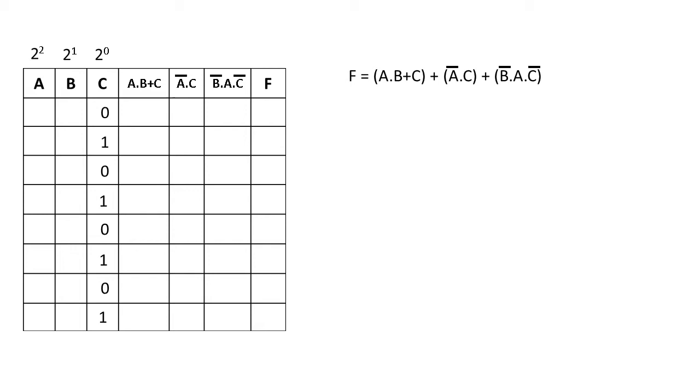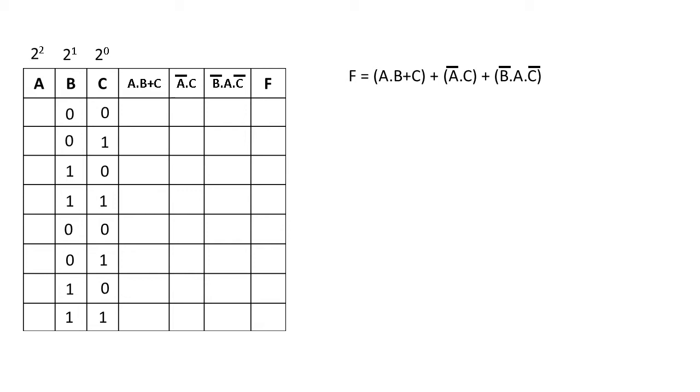Just observe, in the b column you can see 2 to the power 1, that means 2, so there will be two 0s followed by two 1s, and in this sequence we have to fill these 8 fields of the b column. Observe: two 0s, two 1s, again two 0s followed by two 1s.